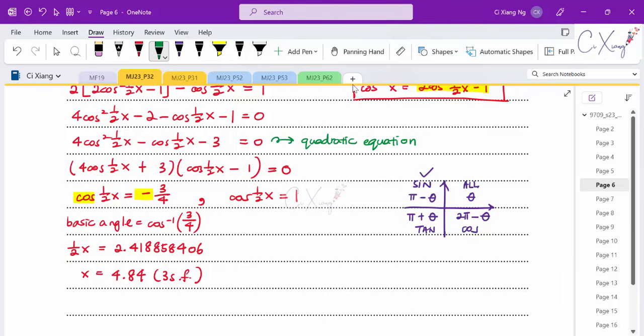To get the value of x from all these special values, you actually need to refer to the graph of cos x. So I'm having the original cos x graph like this. Okay, then this is 2 pi. Then the 1 here, this is a 0. This is negative 1, where the value of x is pi. So they are asking for cos half x equals to 1.